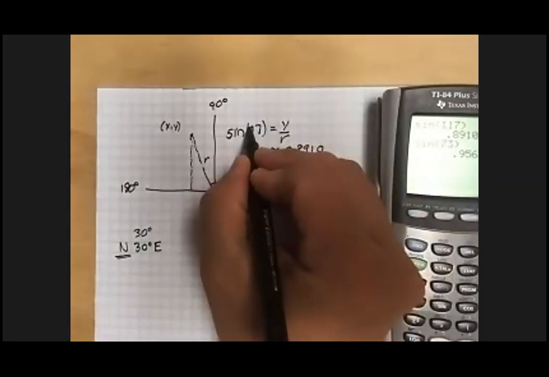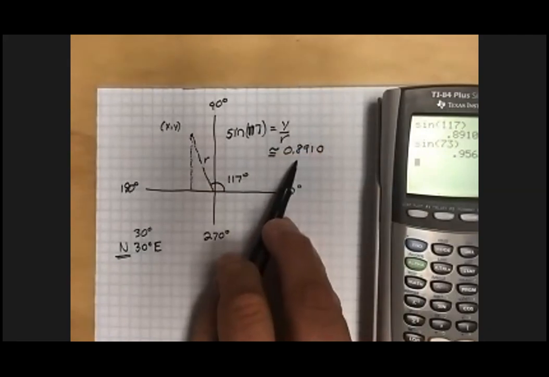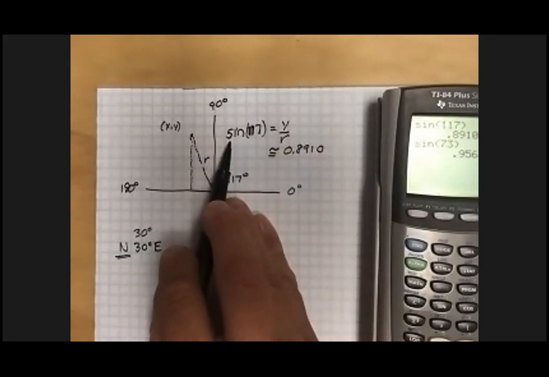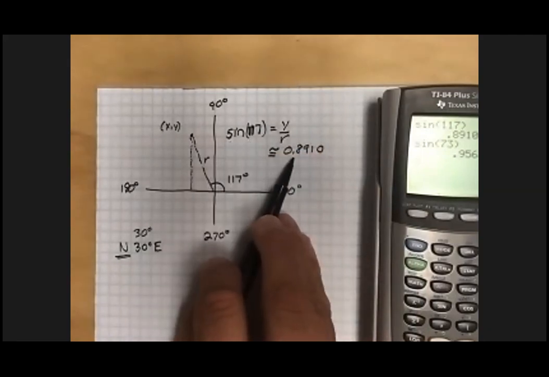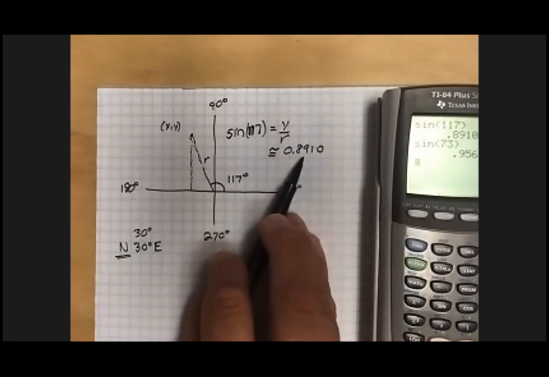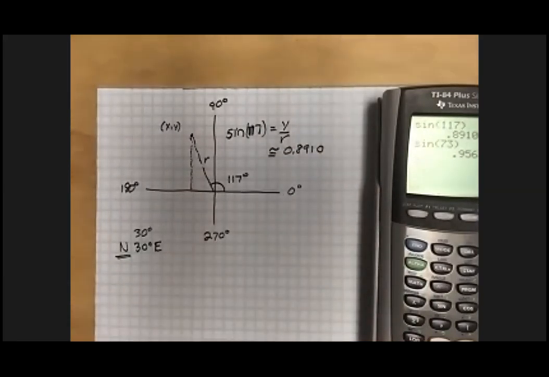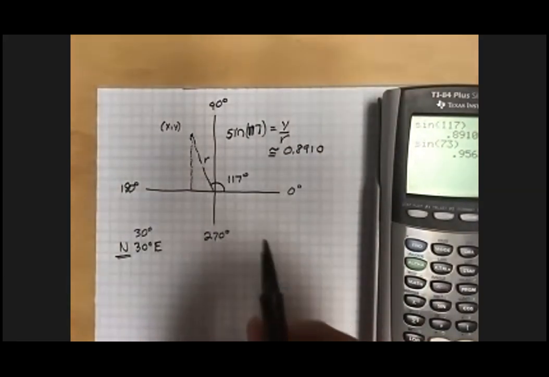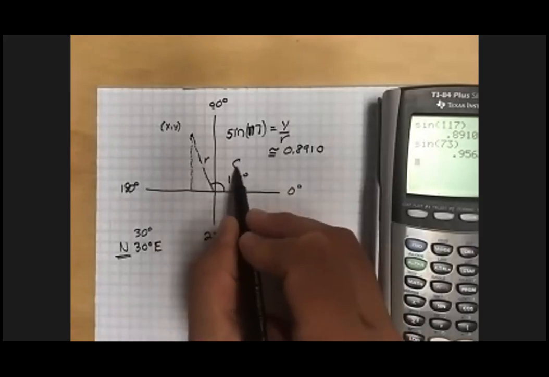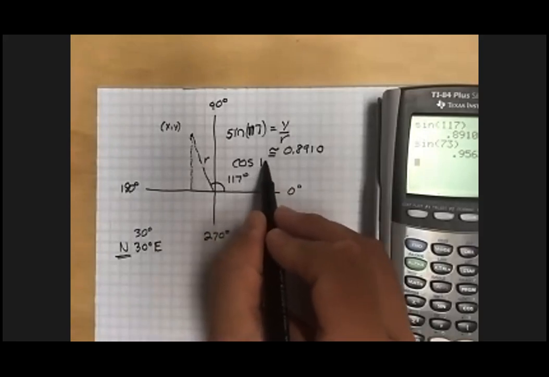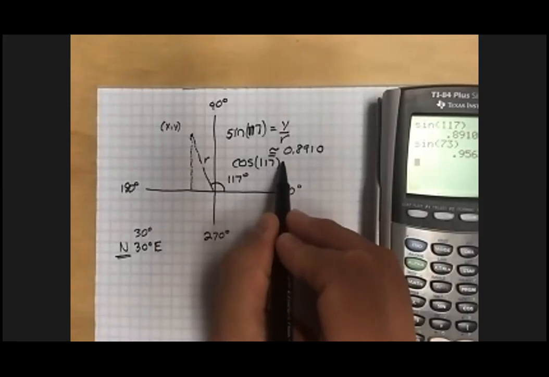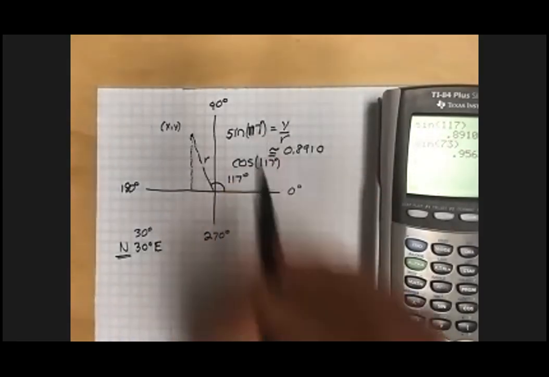If you're just approximating a raw sine, cosine, tangent, cotangent value, 4 significant digits is usually as good as you need. So that's why I'm rounding it off right there. And the cosine of 117 degrees, let's find out what that is.